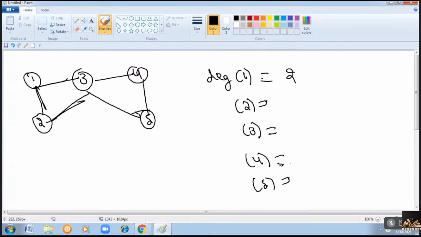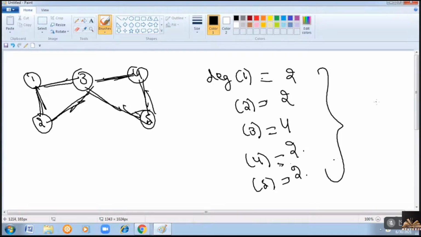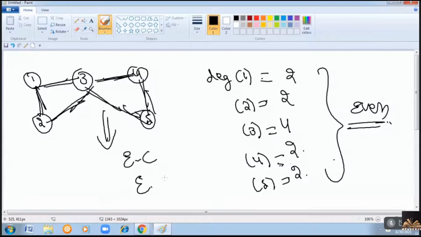Degree of 2 is 2. Degree of 3 is 4. What is the degree? The degree of a vertex is the number of edges incident with it. Degree of 4 is 2. Degree of 5 is 2. So when you observe these numbers, 2 and 4, these are all even numbers. So if it is an even number, it means the graph contains an Euler circuit and it is an Euler graph. Is it clear now?